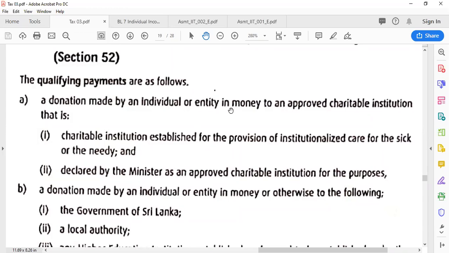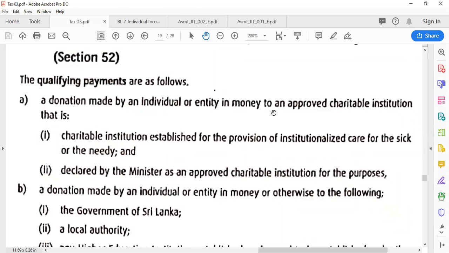So you are a kind-hearted person and you are giving clothes, milk powder, furniture, not in terms of money. If you do so, these donations cannot be considered as qualifying payment, because you did not make the donation in terms of money.